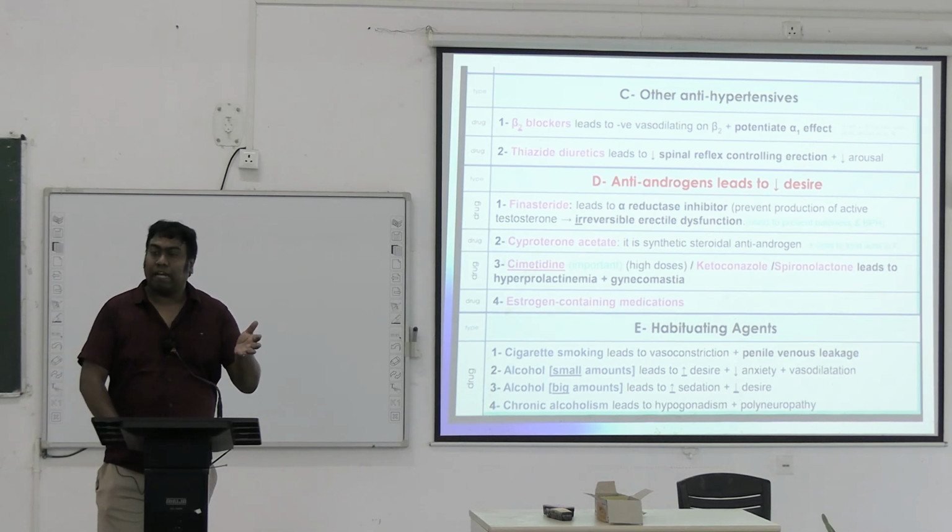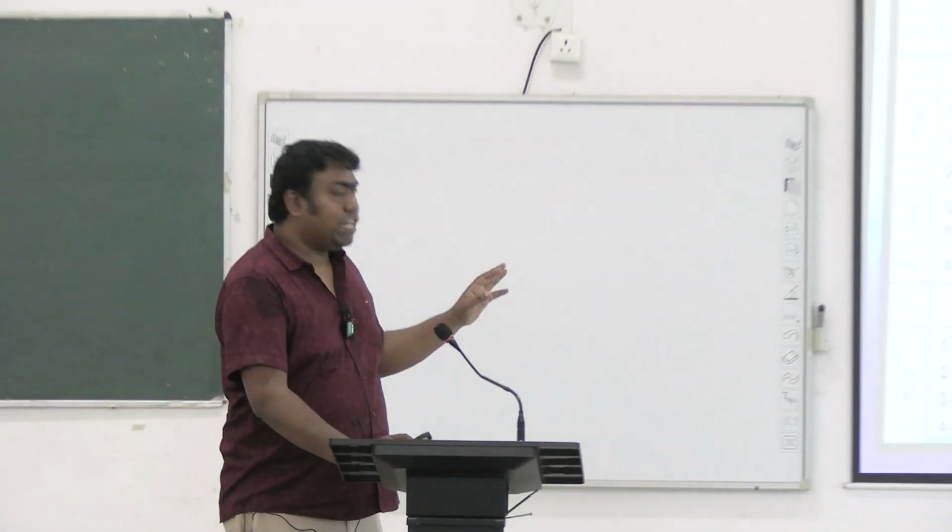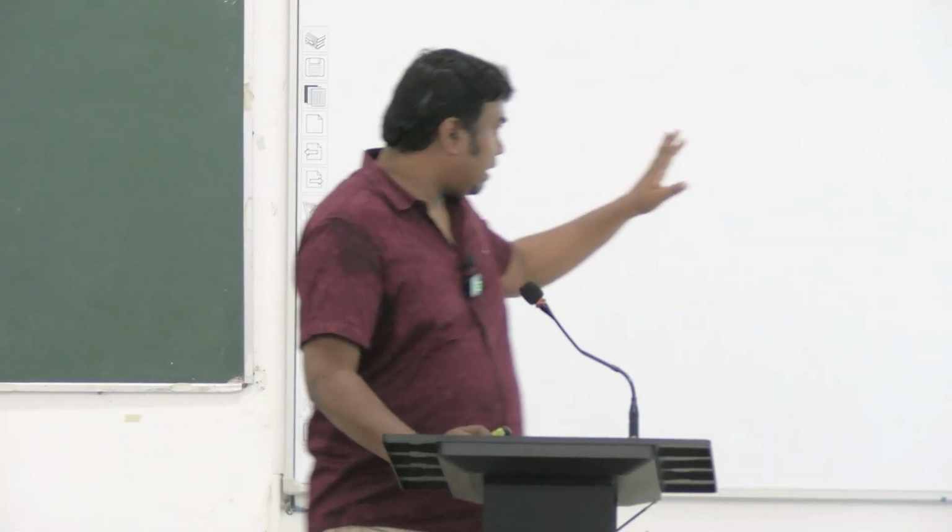And they have classes, first class, second class, depending on the sedative effect. And finasteride, cyproterone acetate, and smoking, large amounts of alcohol, chronic alcoholism can also lead to erectile dysfunction.